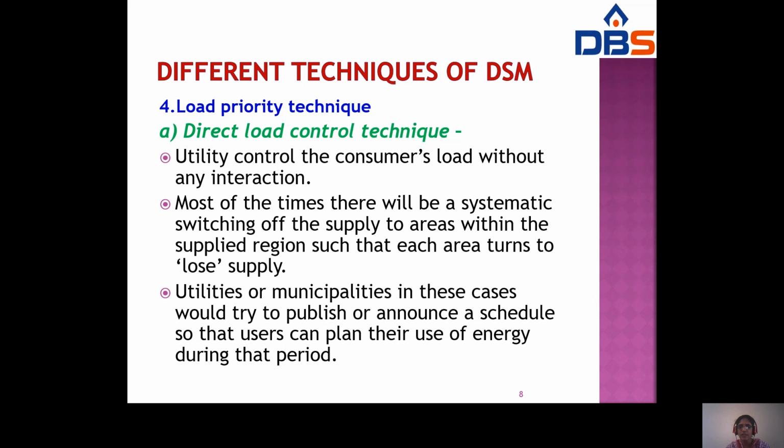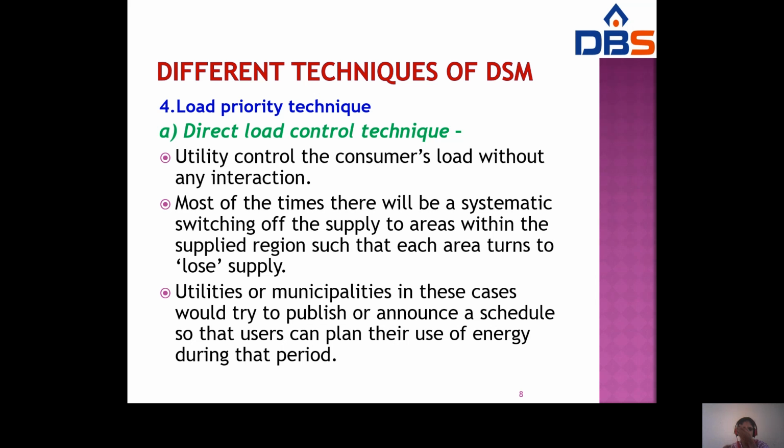In the direct load control technique, the utility controls the consumer's load without any interaction. For example, power line carriers or ripple control systems. Whatever the utility supplies to the consumers, without interaction, it reduces the load.